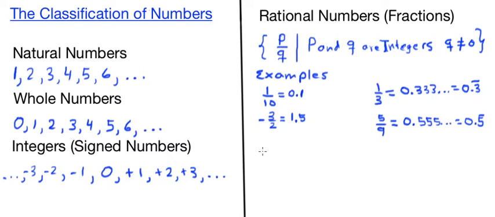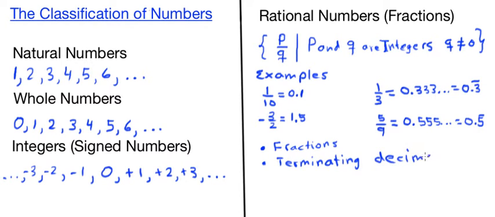So these rational numbers, in order for you to identify them in an easy way, come in 3 forms. They are either fractions, as following the definition, right? Or terminating decimals, which is what you see here. The decimal terminates.